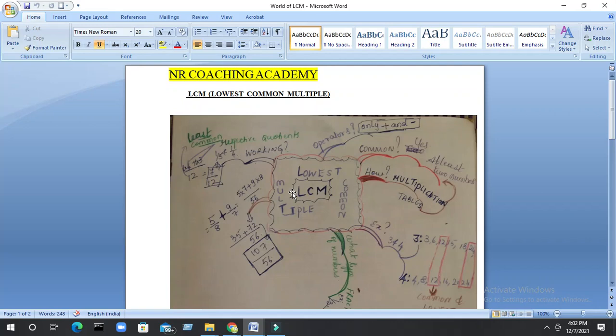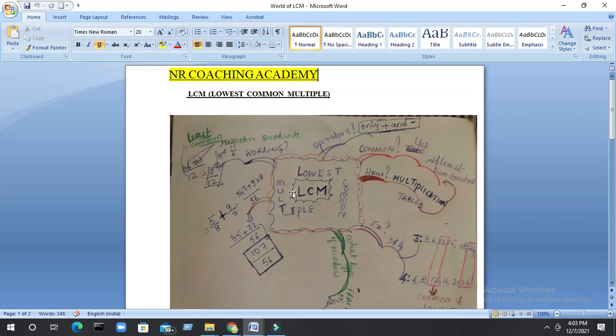For example, 14 is a common number in the tables of 2 and 7. It is there in both multiplication tables and it is the lowest one present for both 7 and 2. Correct? If you understand this, let us go for some more details.